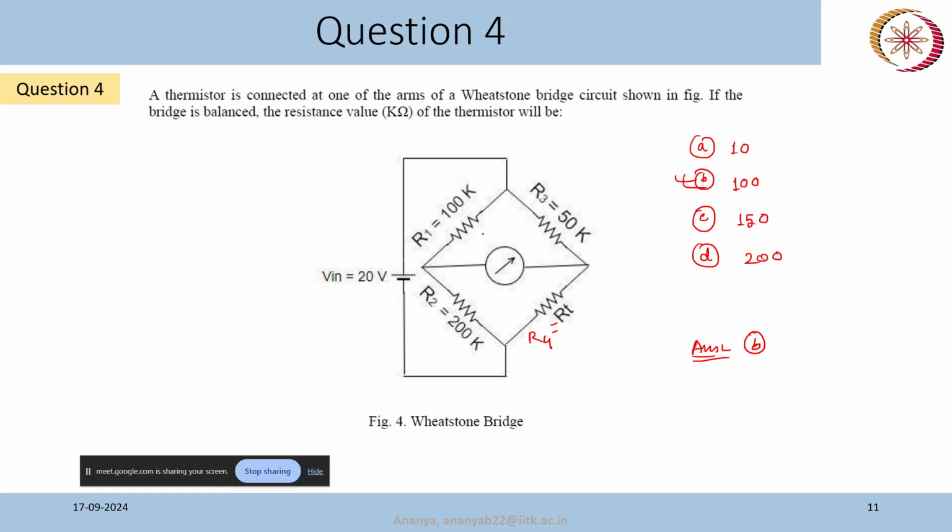You can do a calculation: say due to some environmental change, the resistance values of all these resistors increase by say 1 kilo ohm. So this is 101 kilo ohm, this is 201 kilo ohm. The bridge will still be balanced.